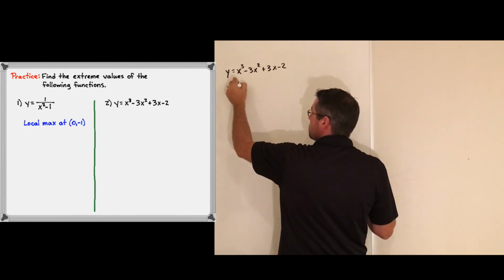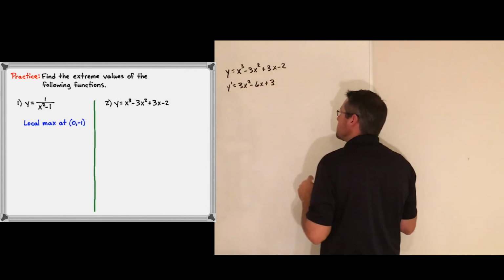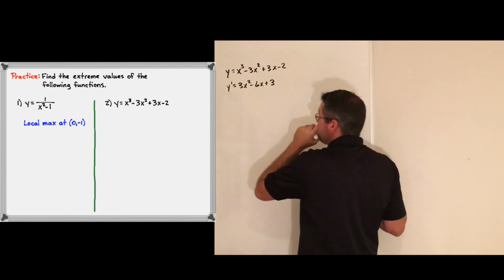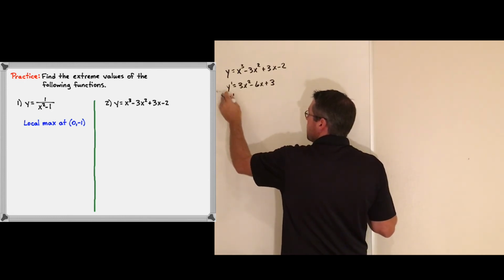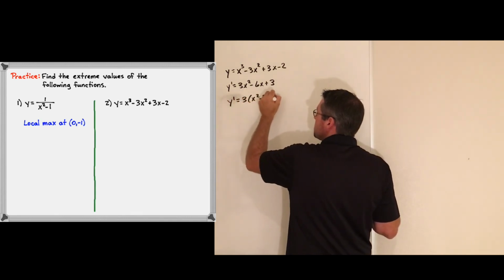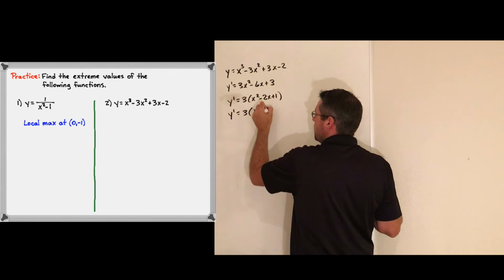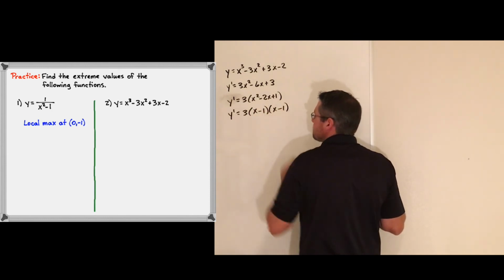So y prime equals 3x squared minus 6x plus 3. Okay, we're going to factor this. Factor out a 3, so you've got x squared minus 2x plus 1 left over. And then we can see that that's a perfect square, so it factors to 3 times x minus 1 times x minus 1.